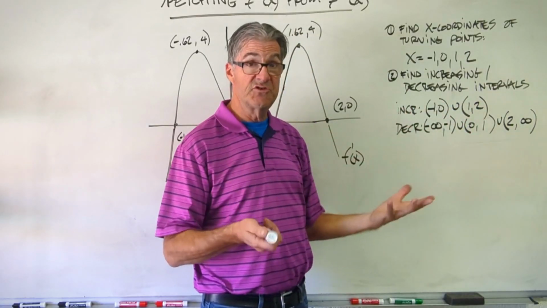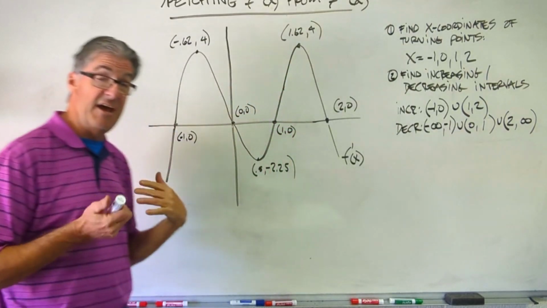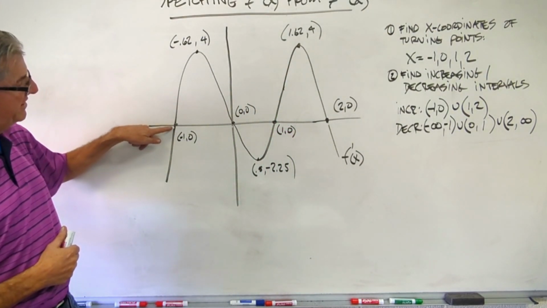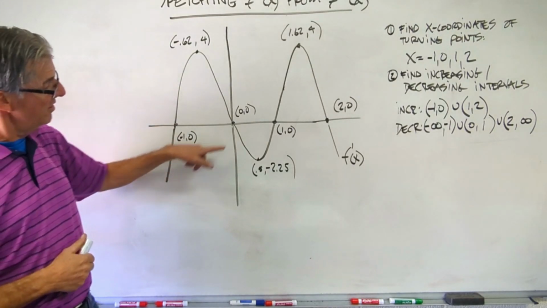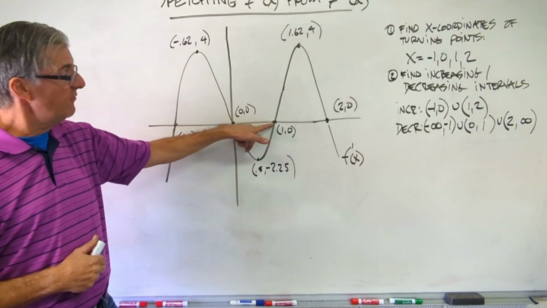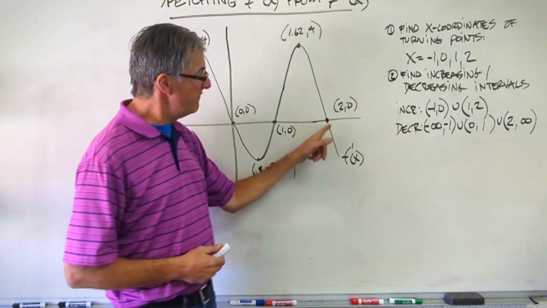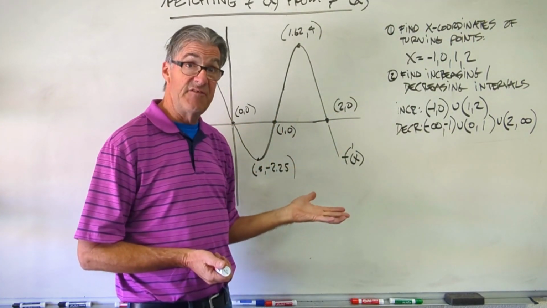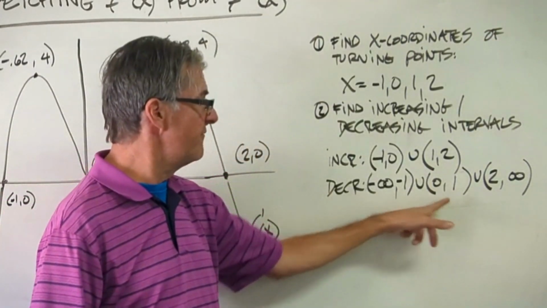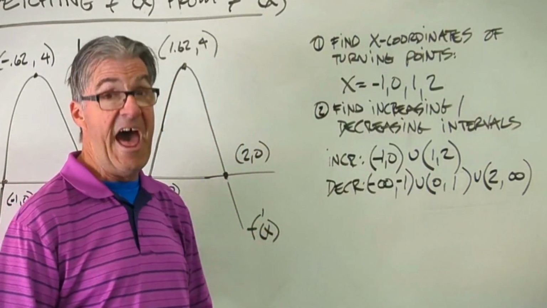That's the union of those two intervals. For decreasing, it's from -infinity to -1. That's one interval. Then from 0 to 1 is the second interval where it's decreasing. And finally, from 2 to positive infinity, it's also decreasing. So we have the union of 3 different intervals for that.